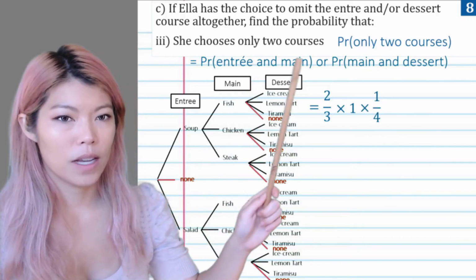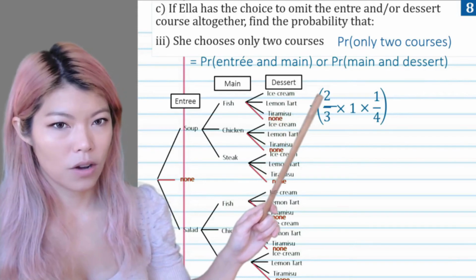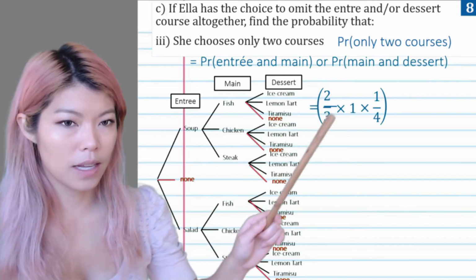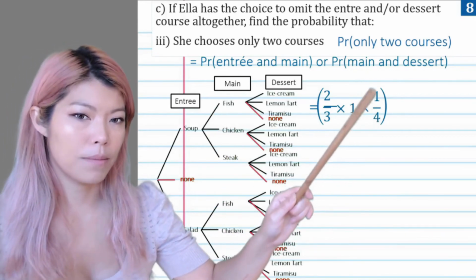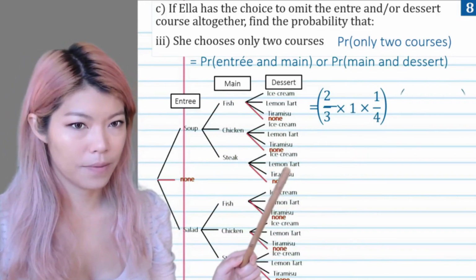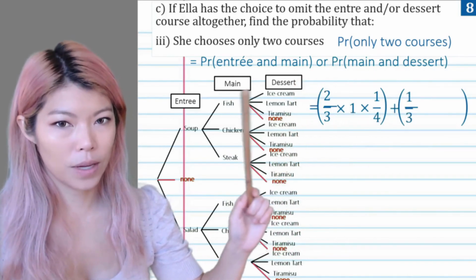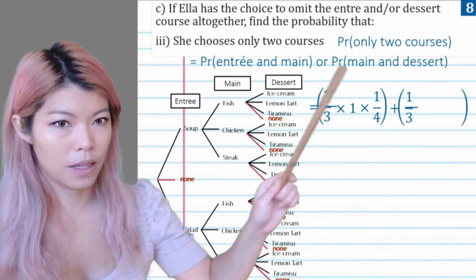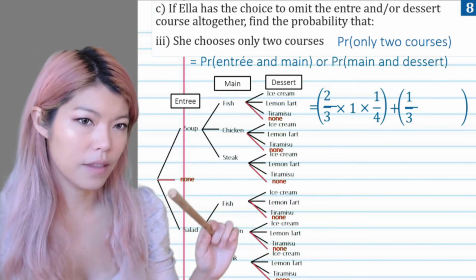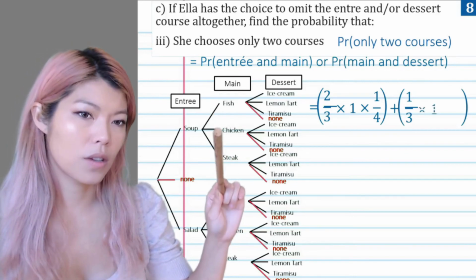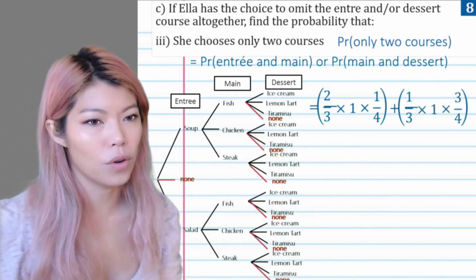And again, we said or means plus. So here we have entree, 2/3, so soup or salad, times anything for the main, 1, times a quarter for the dessert. Or, so we're going to put plus there. We can have no entree. Because we're having main and dessert, no entree is 1 out of the 3. Then main means anything, so 1. And then dessert, we have 3 out of the 4.